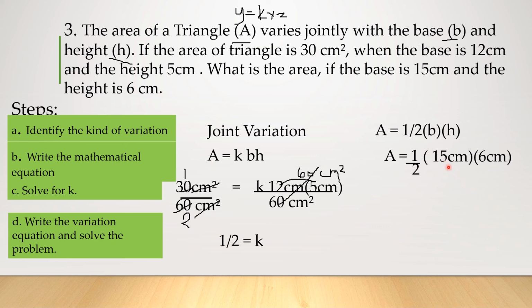So 15 centimeters times 6 is equal to 90 centimeters squared. Centimeters times centimeters is centimeters squared. What is 1/2 of 90? That is 45. So the area of the triangle is 45 square centimeters if the base is 15 centimeters and the height is 6 centimeters.